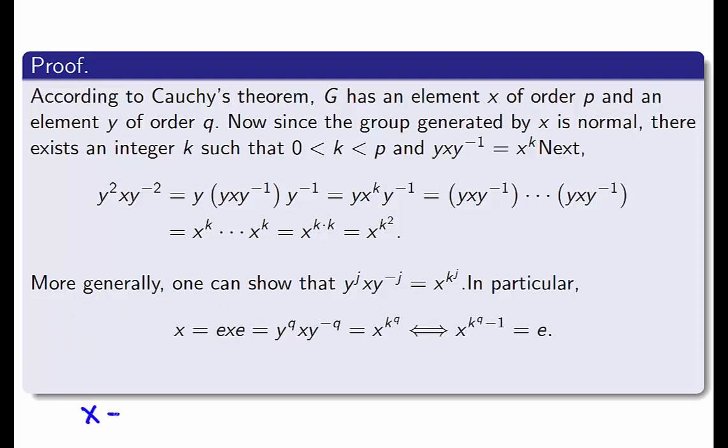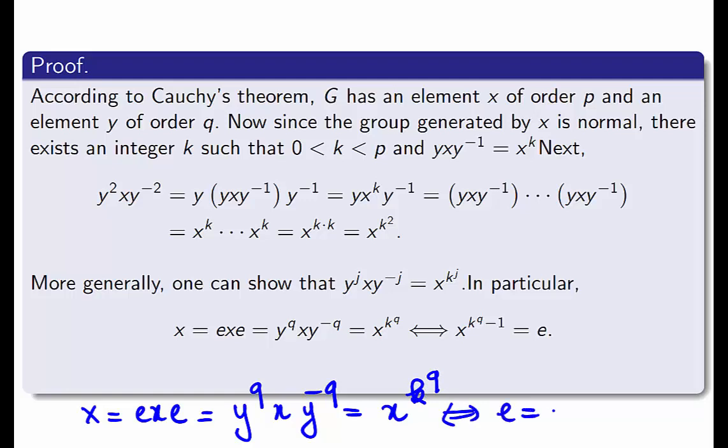Okay, now if we rewrite x as x e, then because y^q is e, y is of order q, and then our previous observation gives us that we get x^(q^k), but this means that e must be x^(q^k) x inverse, and this will be x^(q^k - 1) must be equal to e.